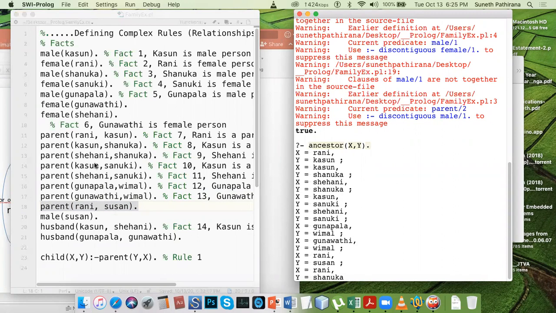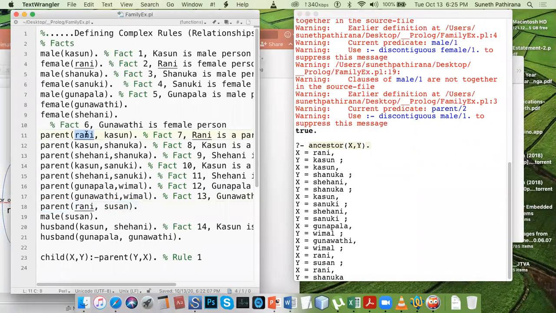Rani and Shanuka. Rani has two children, Kasun and Susan. But Shanuka must be the grandson of Rani, or vice versa. Rani must be the grandmother of Shanuka.